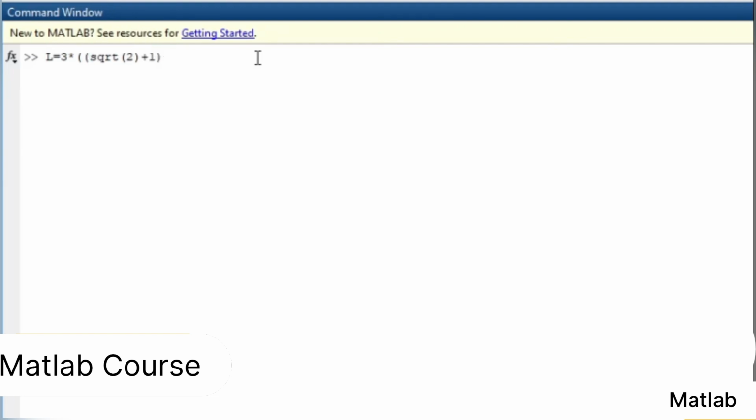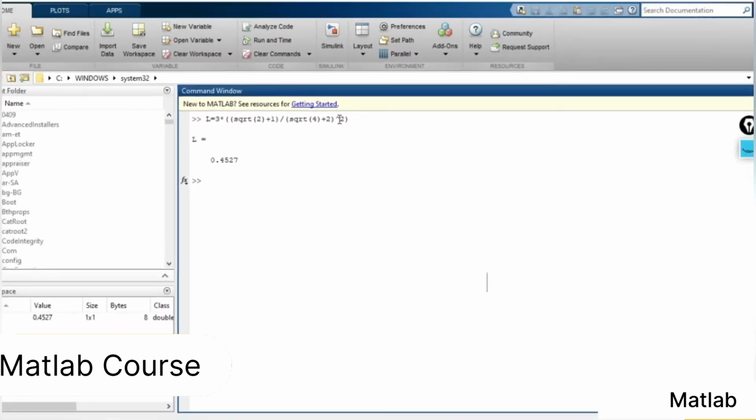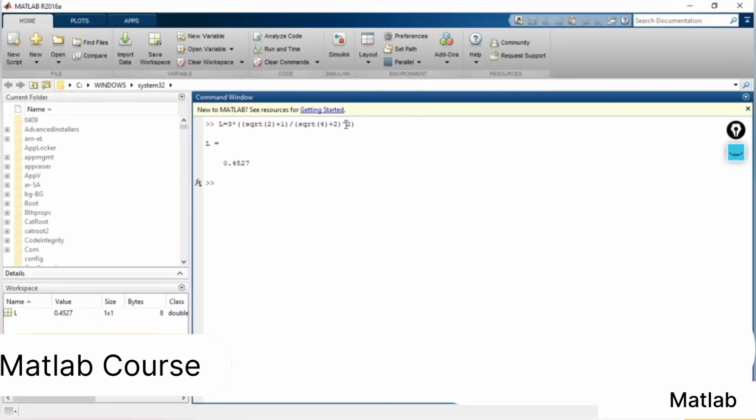So the numerator is over. Now I'll go for the denominator, divided by, we'll start the equation for the denominator, sqrt, square root of 4 plus 2, bracket over, and raised to 2, the square of the denominator, and bracket over, and press enter. So this is how you can calculate L.